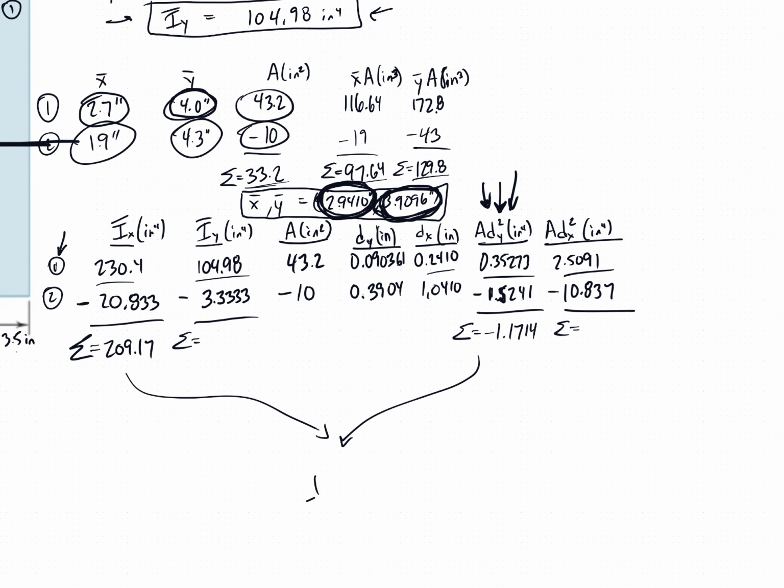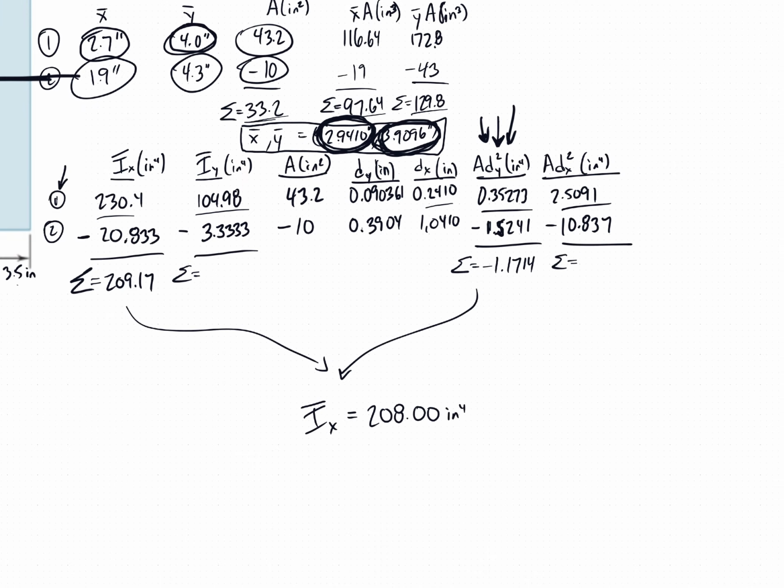That's going to give us I x bar for the whole shape, equals 209.17 plus that, and we get basically 207.99, or 208.00. Units on that, inches to the fourth.